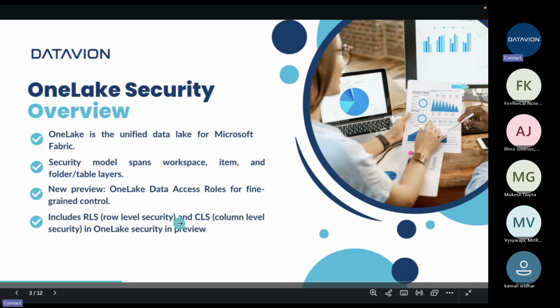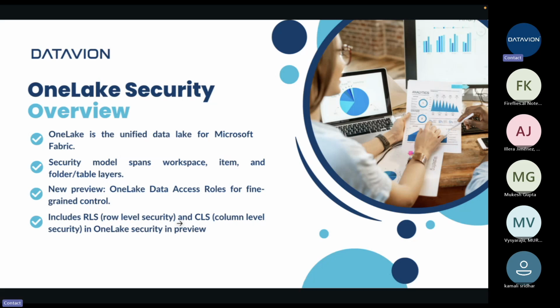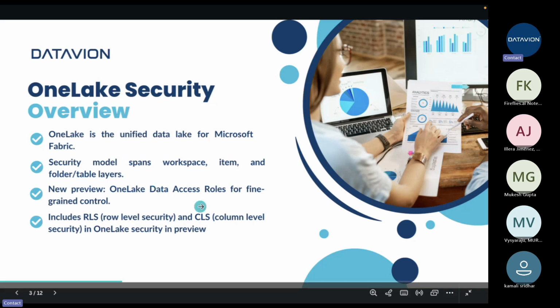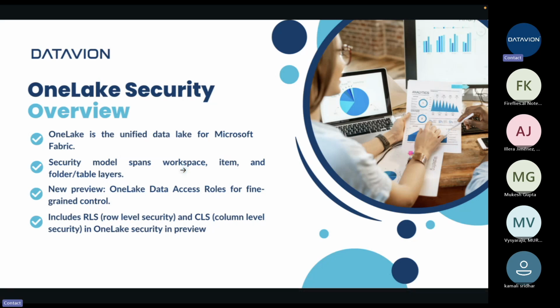Microsoft at the moment is focusing a lot on security architecture, especially in Fabric, a SaaS platform. It is very important in an enterprise setting to have different security models and different security layers, and then provide the required access, which is the least privileged access, to the users. If I need to provide access at a fine-grained level, I can't provide it at the workspace level. It needs to be at the least privilege level.